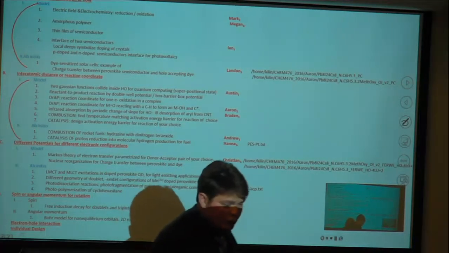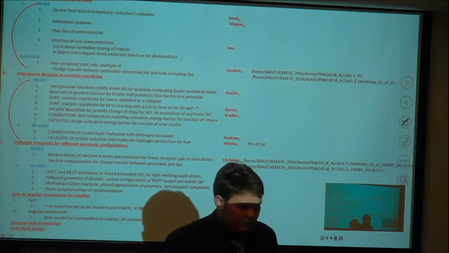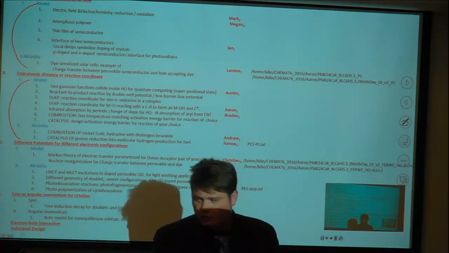The second part deals with a Cartesian direction coordinate, where our one-dimensional x dimension is interatomic distance, or something related to interatomic distance or coordinate.